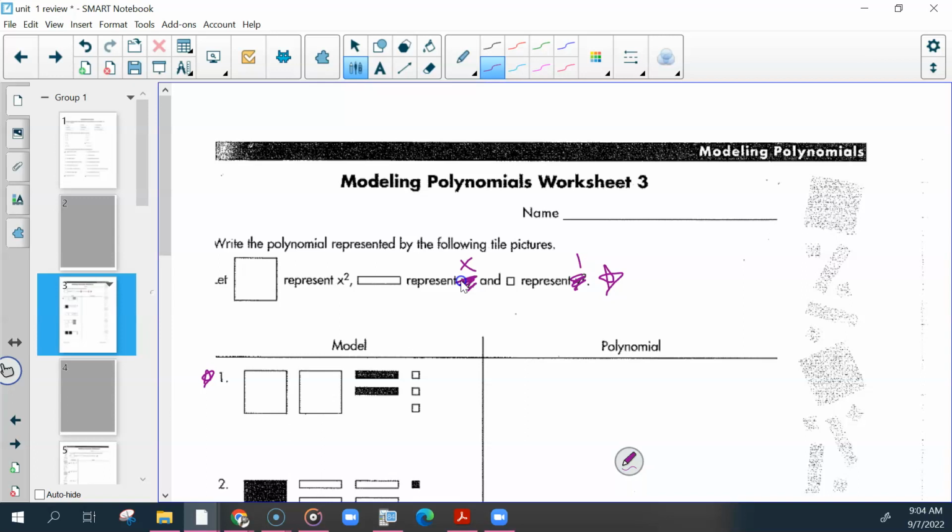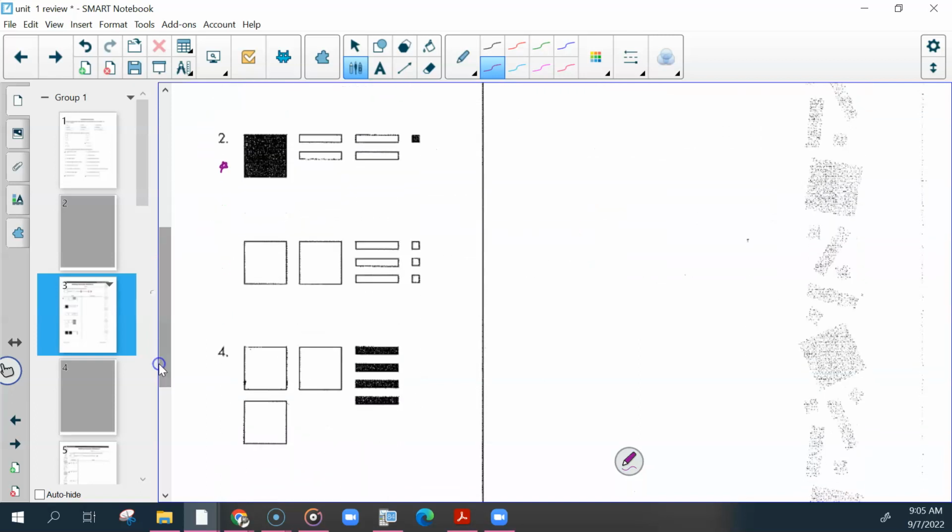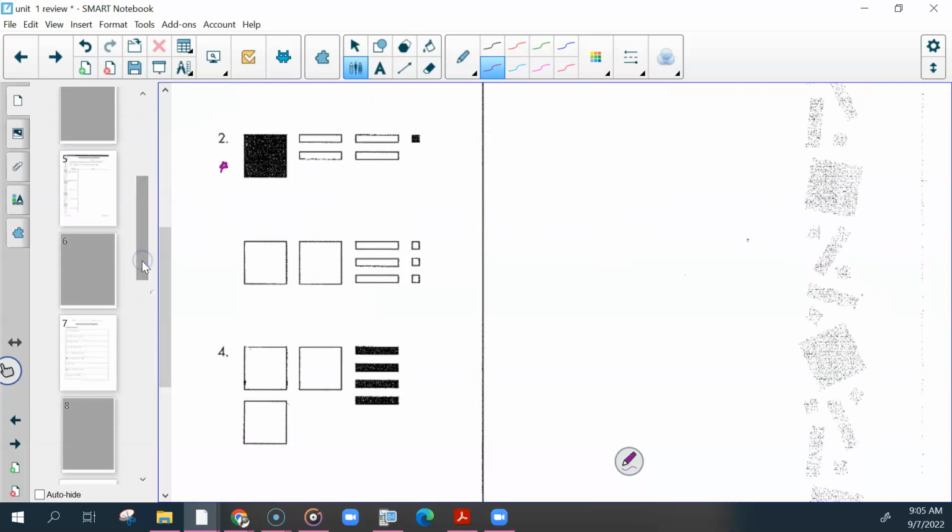Any questions on the second page we see that we want to go over together? You may have the same question someone else does, so don't be afraid to ask whatever questions you have.